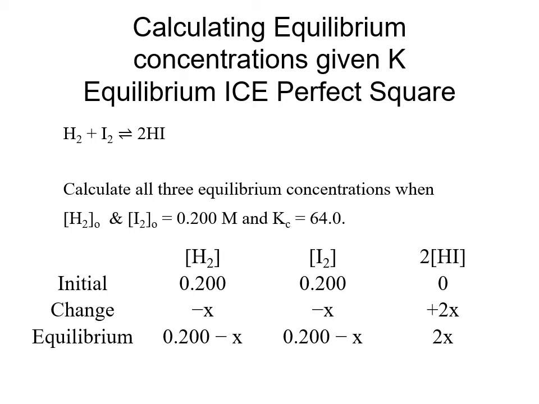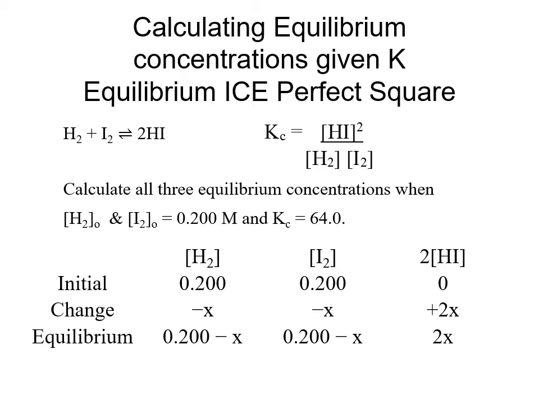So sometimes we are not given a final concentration. So I have to solve for concentrations, but we are given our equilibrium constant. So for here, the first thing you do is you write your equilibrium expression, and then you're going to write out your ice box.